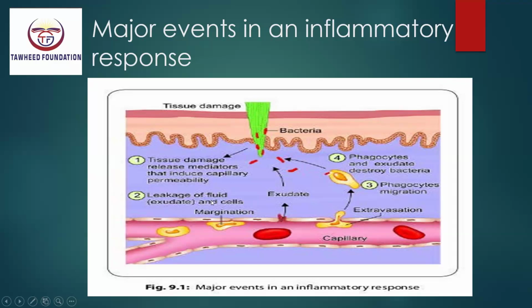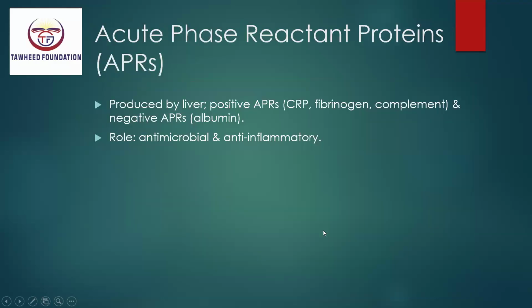Exudate forms as fluid and cells leave the capillaries. Fourth, phagocytes migrate out of the blood vessels into the tissue. And last, phagocytes and exudate work together to destroy bacteria and protect tissues. So these are the major events in an inflammatory response.